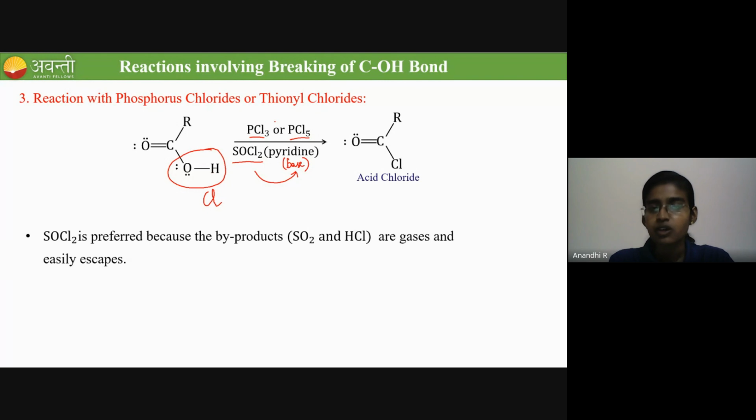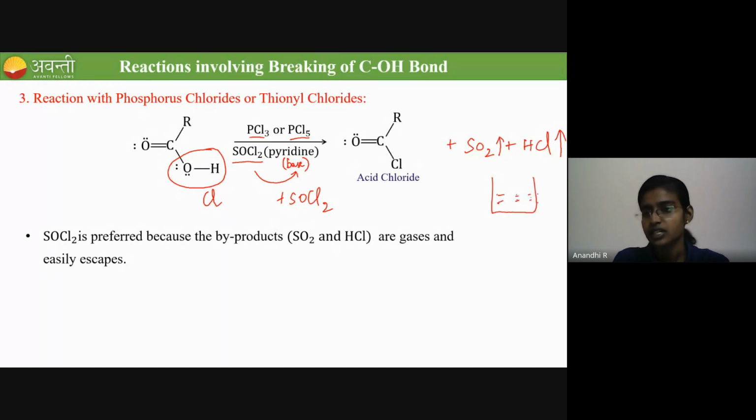Among these three reagents, SOCl2 is preferred. Why? Because from SOCl2, we get two byproducts. If you are treating this acid with SOCl2, you get an acid chloride plus SO2, sulfur dioxide, as one byproduct and HCl as the other byproduct. Both SO2 and HCl are gases.